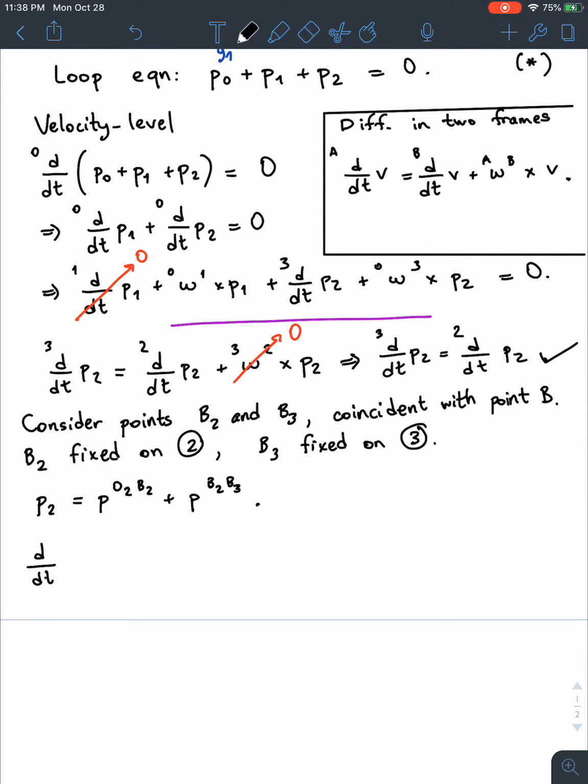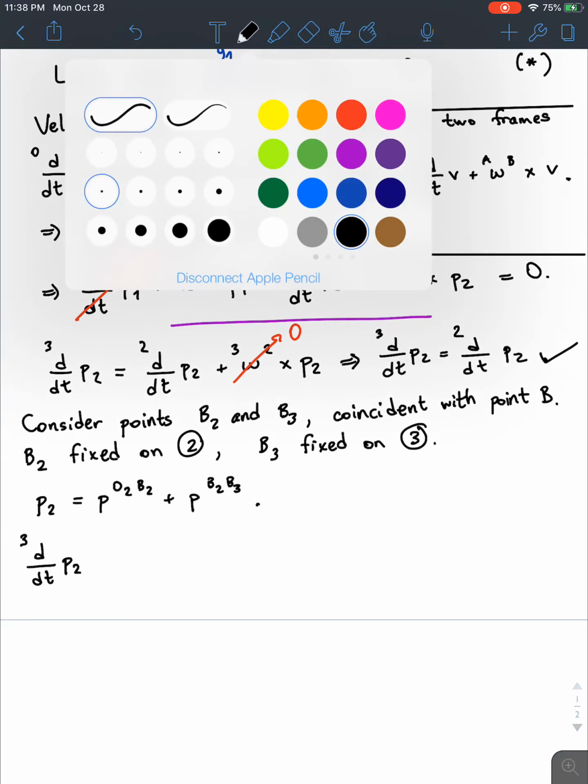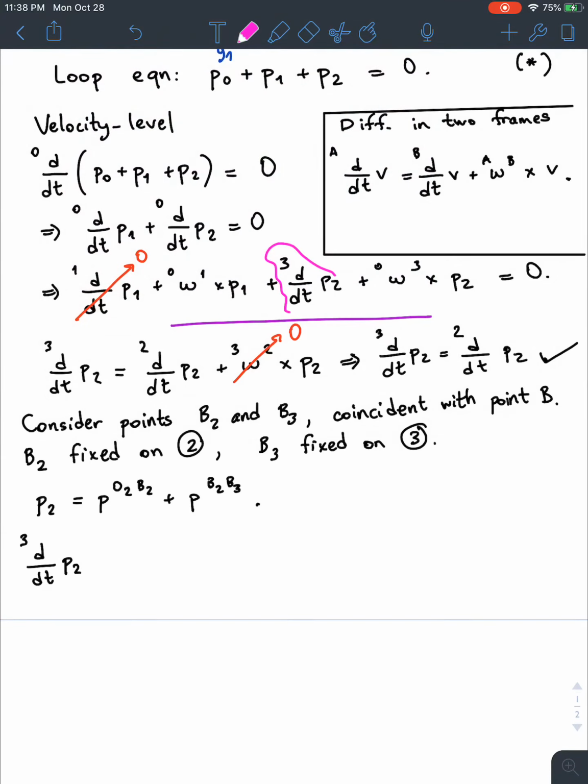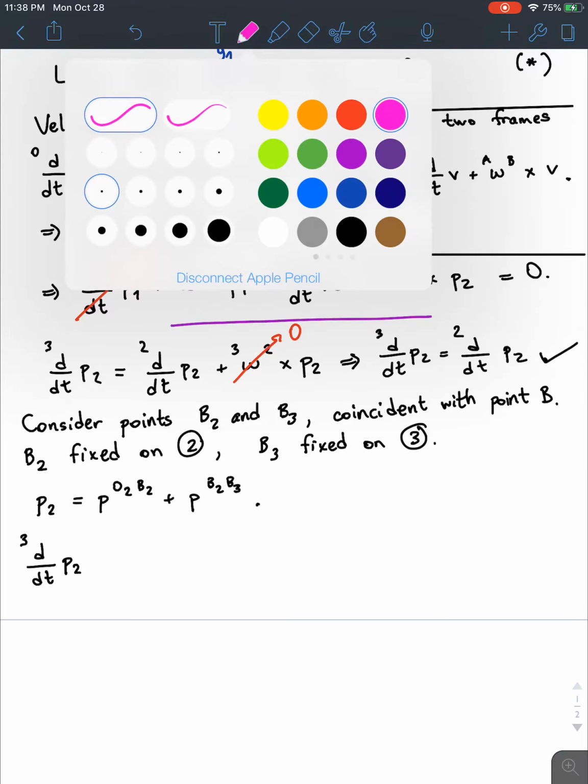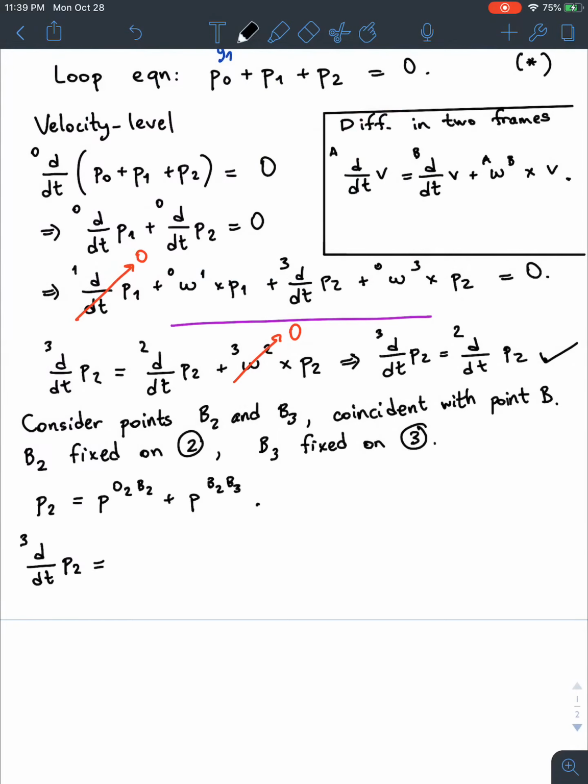Now, in my kinematics equations, I have the derivative of p2 in the third frame. So let me work on that a little bit. I found out here that the derivative of p2 in the third frame was equal to its derivative in the second frame, right? So I can write d/dt in 2 of p2. Now I'm going to use this decomposition of p2.